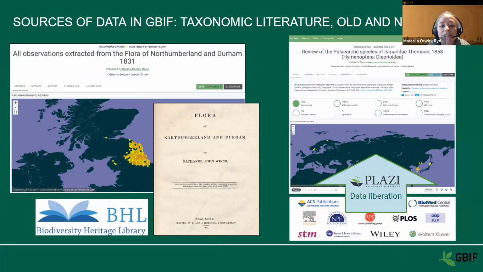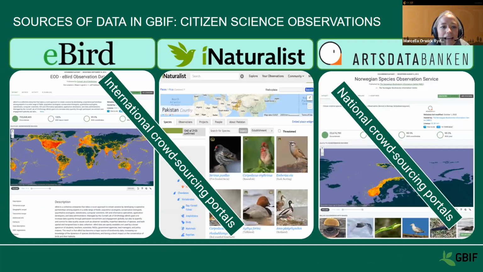As well, observation data from the past. I was talking about old data as well. Here are two different examples of literature from the 19th century on biodiversity observations that can also be found in GBIF. And as well, extremely important for us are observations from citizens. eBird and iNaturalist are international crowdsourcing portals.